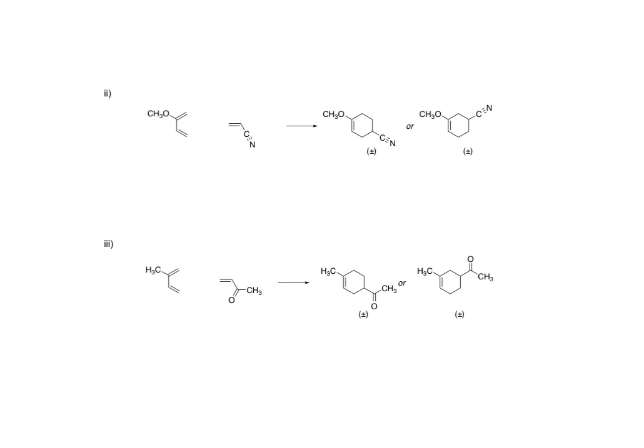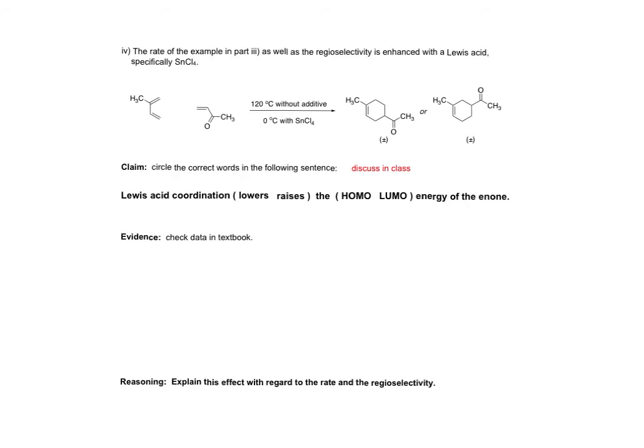Turning to the next page of the worksheet, in Part 4, we compare the results upon simply heating the two reactants versus reaction with the Lewis acid, which actually proceeds at room temperature and even better at slightly below room temperature.